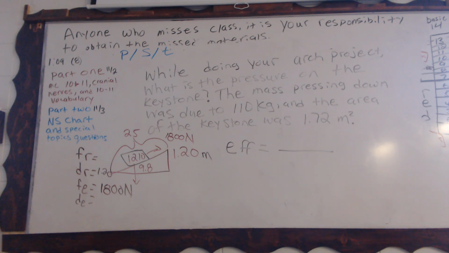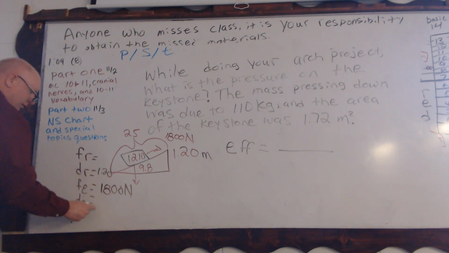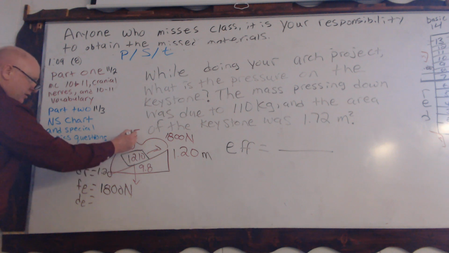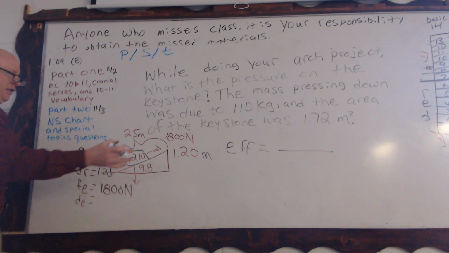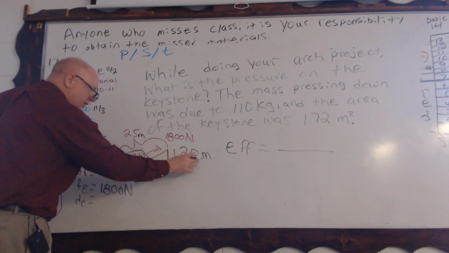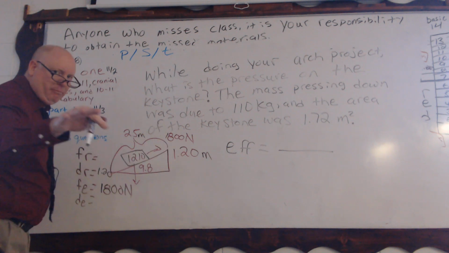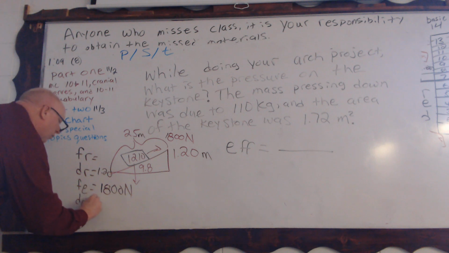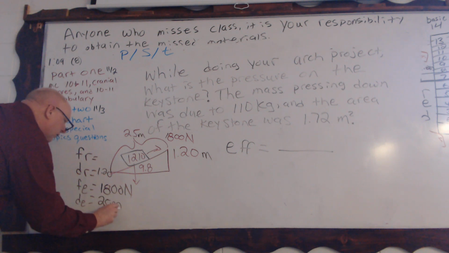Is it going to be a force or is it going to be a distance? It's going to be a distance because it's measured in meters. I'm sorry, I don't have the labels down on here. That was probably given in that picture that I had read from yesterday. So 25 meters. Okay.